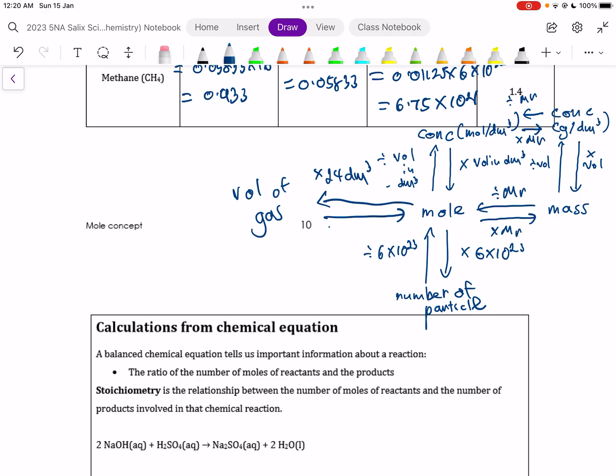Volume of gas you can divide by 24 dm cube or 24,000 centimeter cube depending on what the question wants. Right, so this is a quick recap. In a nutshell, this is what we covered in the very first part of mole.